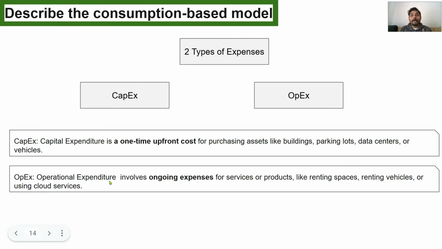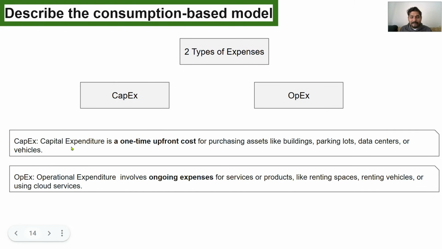I don't have to worry about the maintenance of the car, paying the driver, nothing. I just rent the car and pay for the use. So capital expenditure is where you buy it completely, putting in the entire money as a one-time payment. Operational expenditure is where you pay when you use it, like renting a car.